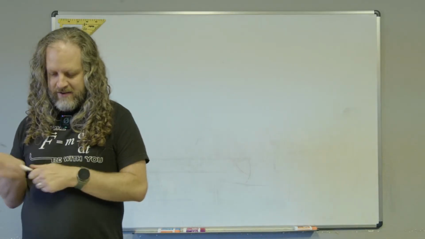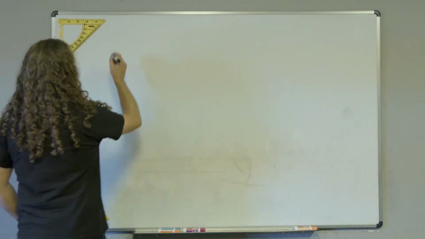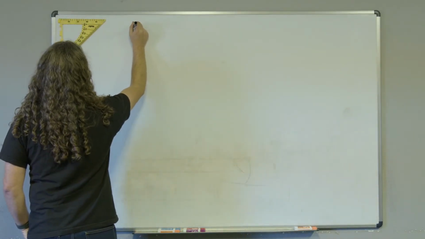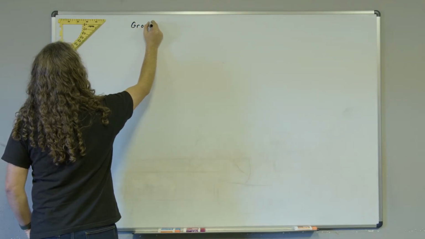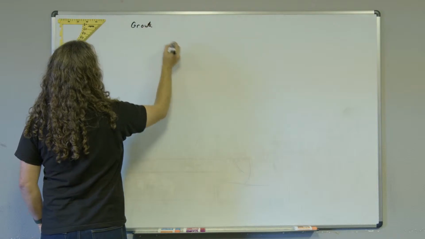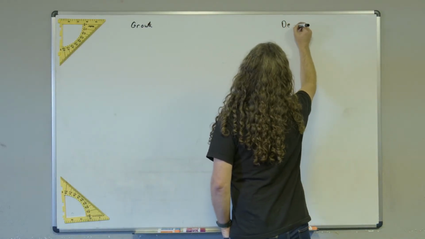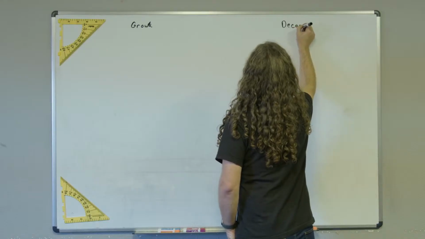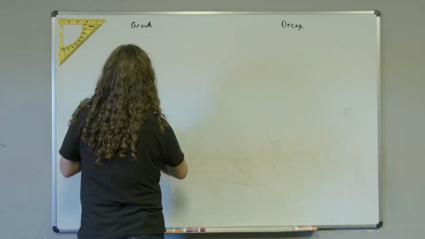So exponential functions have two parents. They live in a two-parent household, unlike parabolas and a bunch of other stuff. They have exponential growth and exponential decay. Exponential growth parent function looks like this.